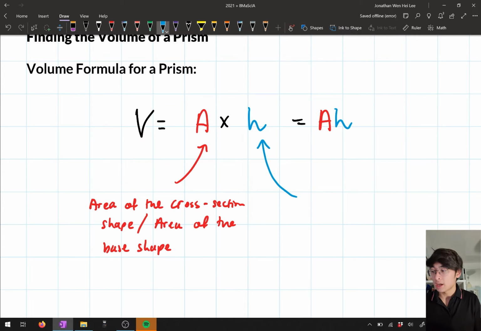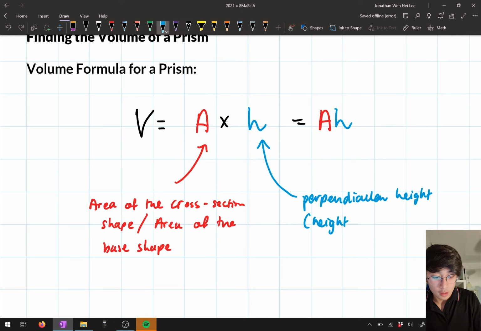Now H is actually short for height, but the way I like to think of it is this is a perpendicular height, so this is the height between the two ends.